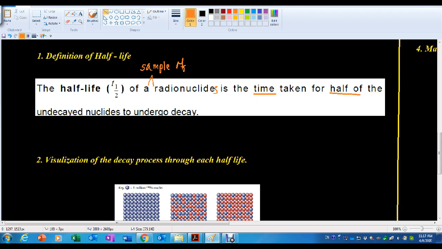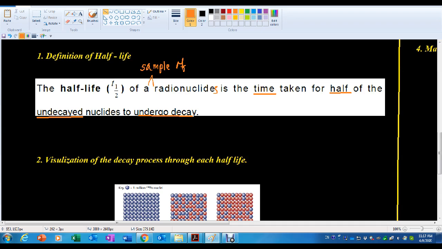Undecayed nuclides undergo decay. So it's about the amount of undecayed nuclides to become decayed during that period of time, and that period of time is called half-life.